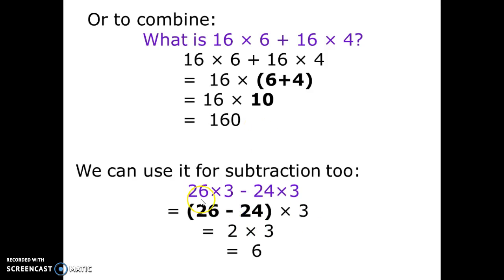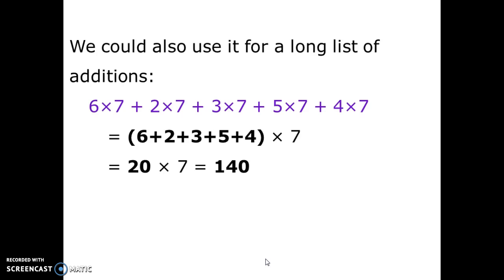It also works for subtraction. So even if that's the minus, if I've got the same number multiplying 2 different numbers, so I've got 3 times and 3 times, so that'll be like the brackets. I've just written the 3 at the back instead of the front. And then I had 26 minus 24, so I end up with 2 lots of 3, which is 6.